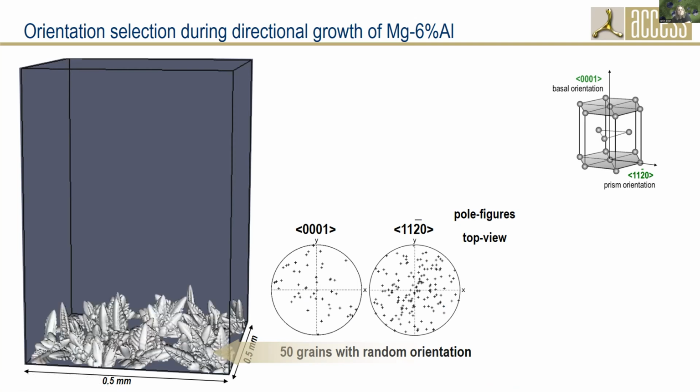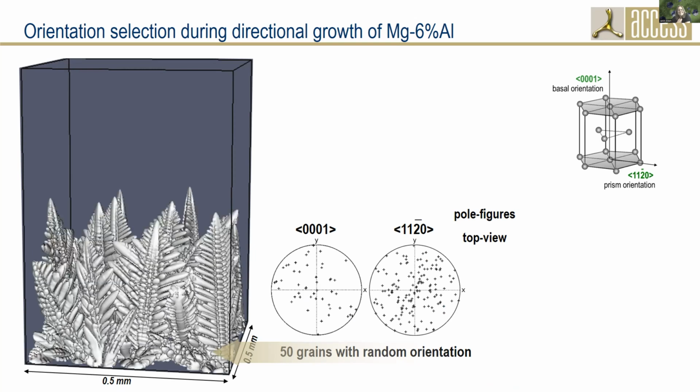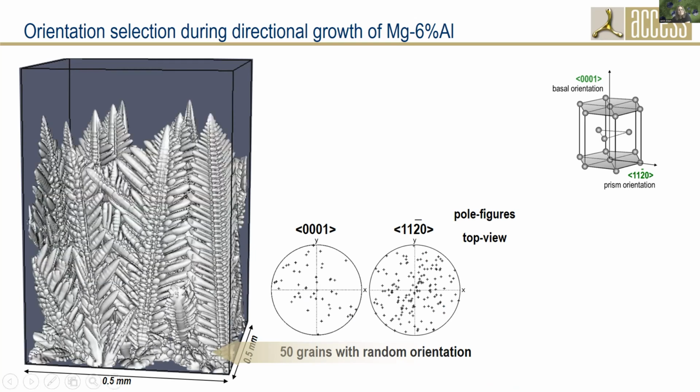At this time it was really ahead of its time to have a simulation with several dendrites growing in 3D. We could just run it for short lengths, but you can already see that from the starting 50 dendrites, there are only 9 left here.